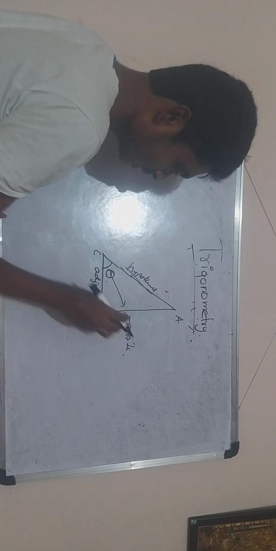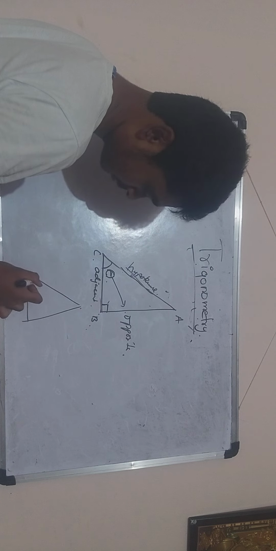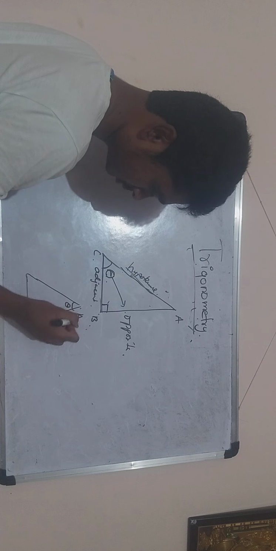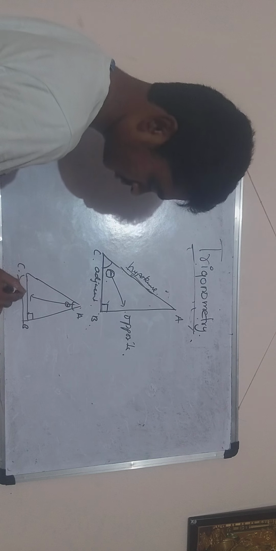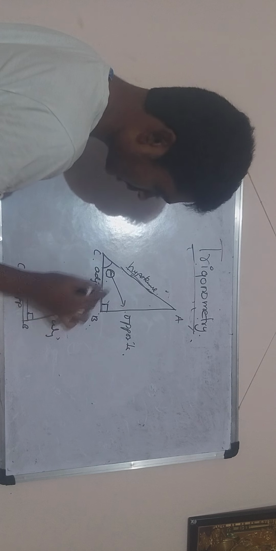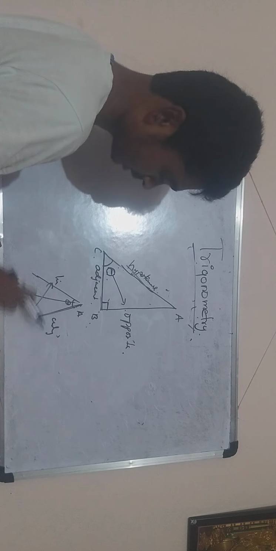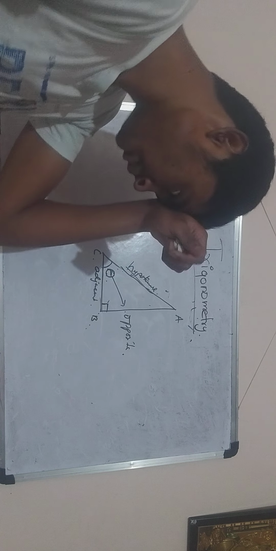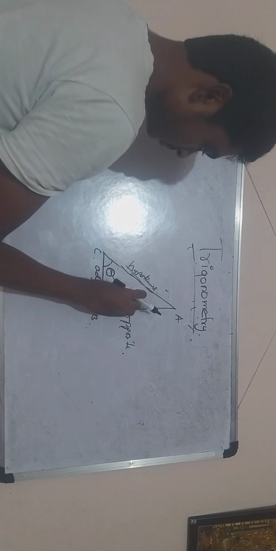If we change our choice of theta like this, then BC would be the opposite and AB would be the adjacent, and the hypotenuse would be the same, since it is opposite the largest angle and is the longest side. It doesn't change.